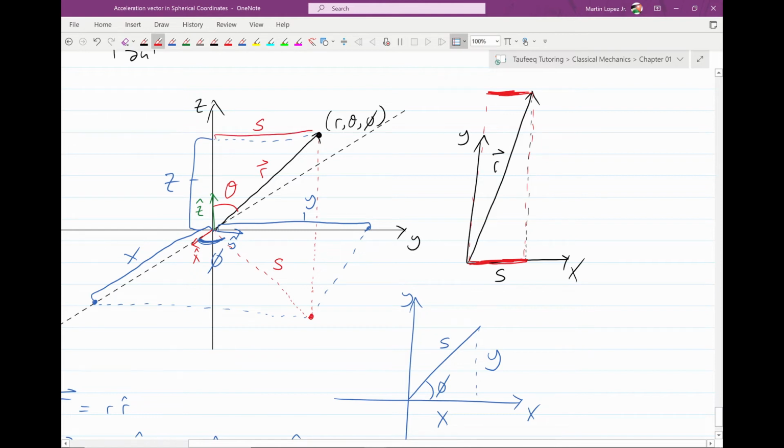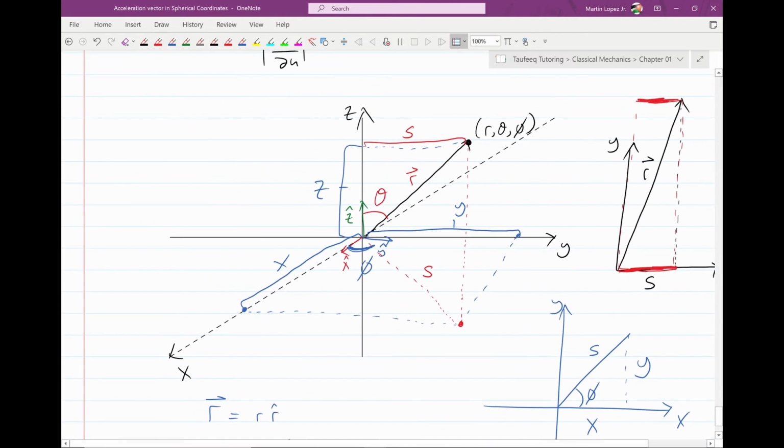So that also means that s is the same as this length right here. So if we draw this in 2D space, we're going to have a z. This is z, and this could be whatever you want. This could be y if you want. Any 2D, you could use z, x, or y.